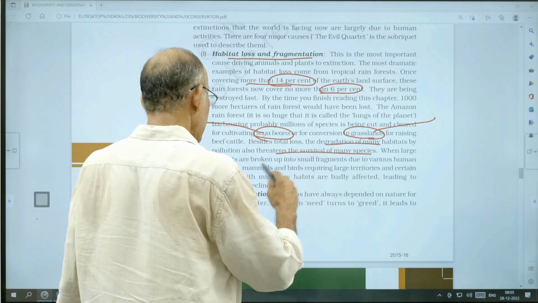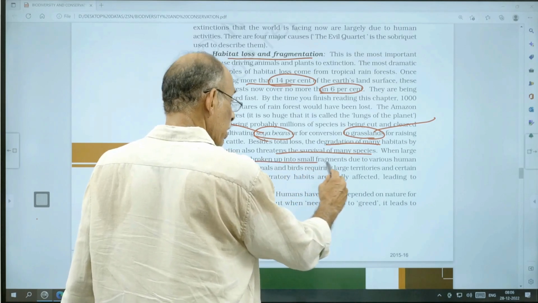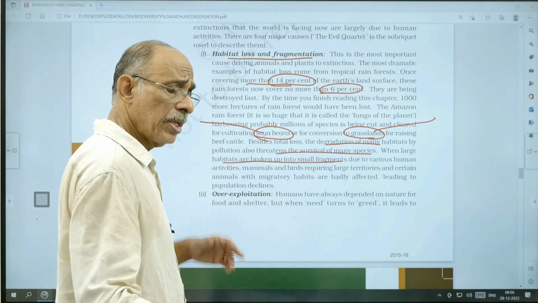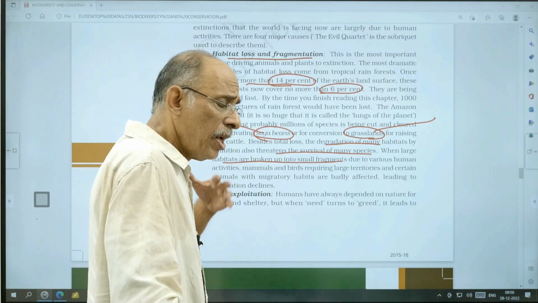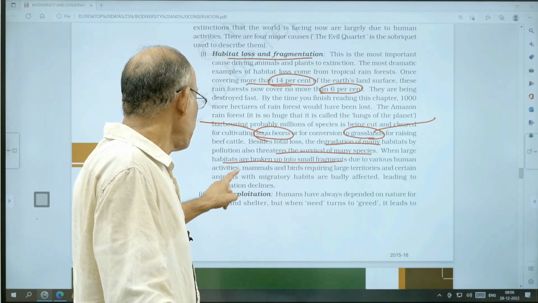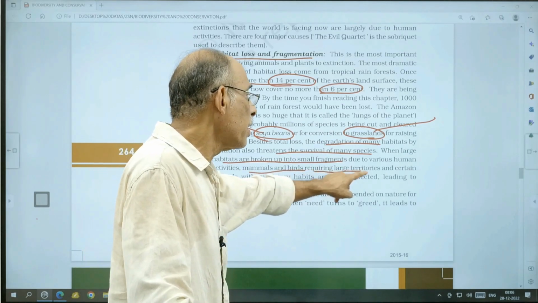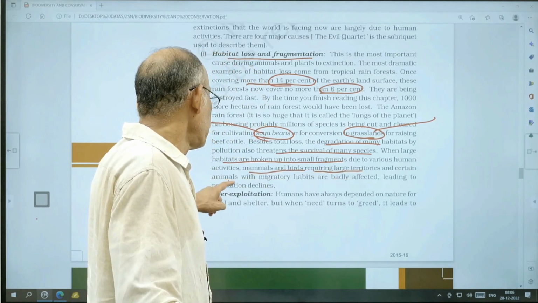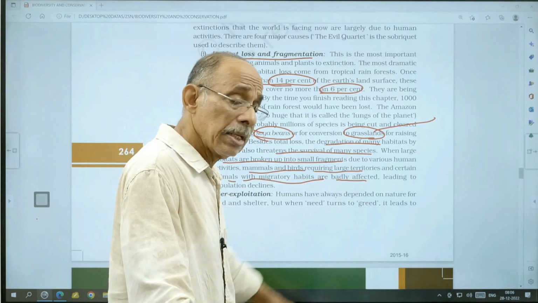When large habitats like huge forests are broken into small fragments due to developments like highway development or dam construction, mammals and birds requiring large territories with migratory habits will be badly affected.